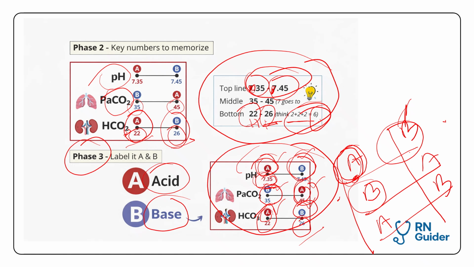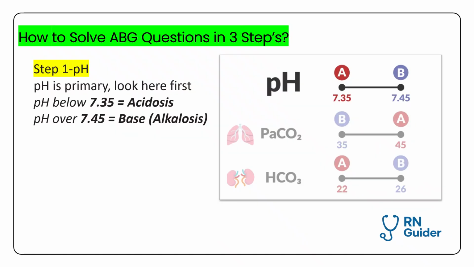Now we will go to interpretation. We will interpret in 3 steps. In the first step, the memory trick is that P is for primary. So according to the chart, pH will come first, and during interpretation you will look here first.